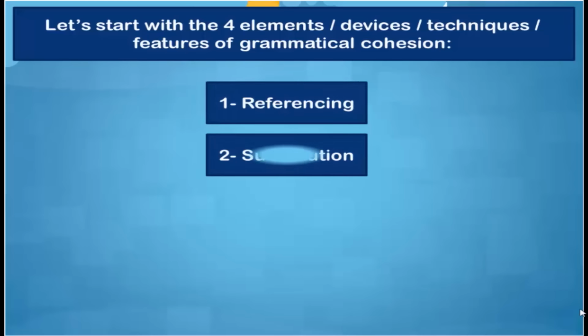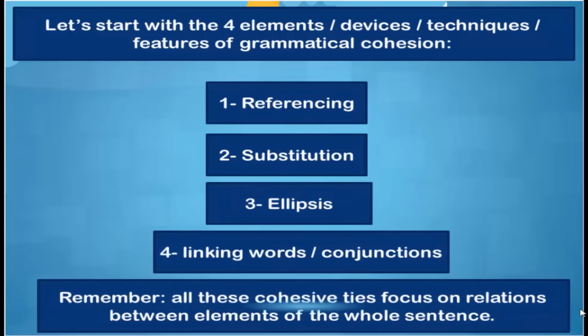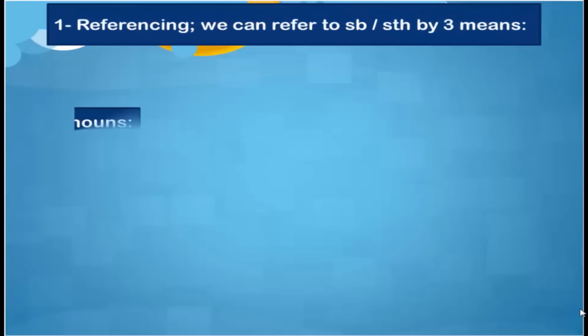Let's start with the 4 elements, devices, techniques or features of grammatical cohesion. Number 1, referencing, as we mentioned, and substitution, ellipsis, and linking words. And remember that all these cohesive ties focus on relations between elements of the whole sentence. Number 1, referencing. We can refer to somebody or something by 3 different means.